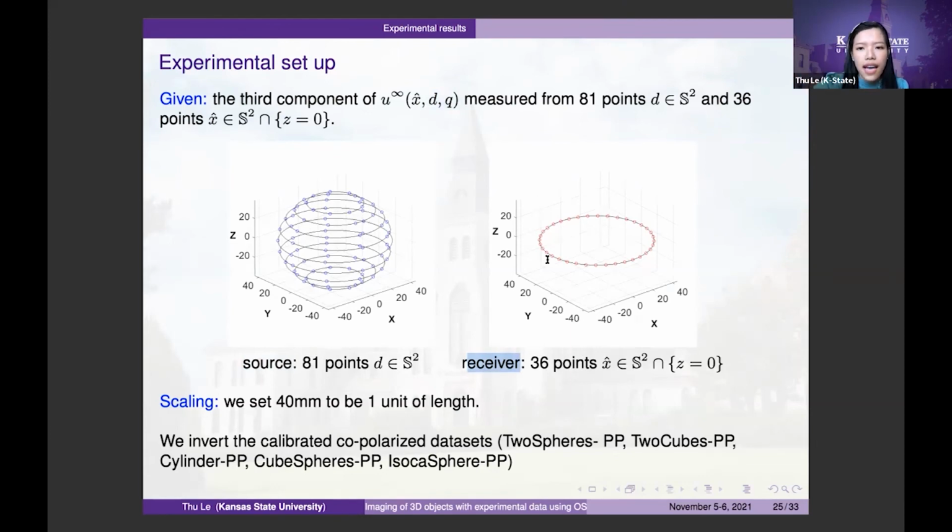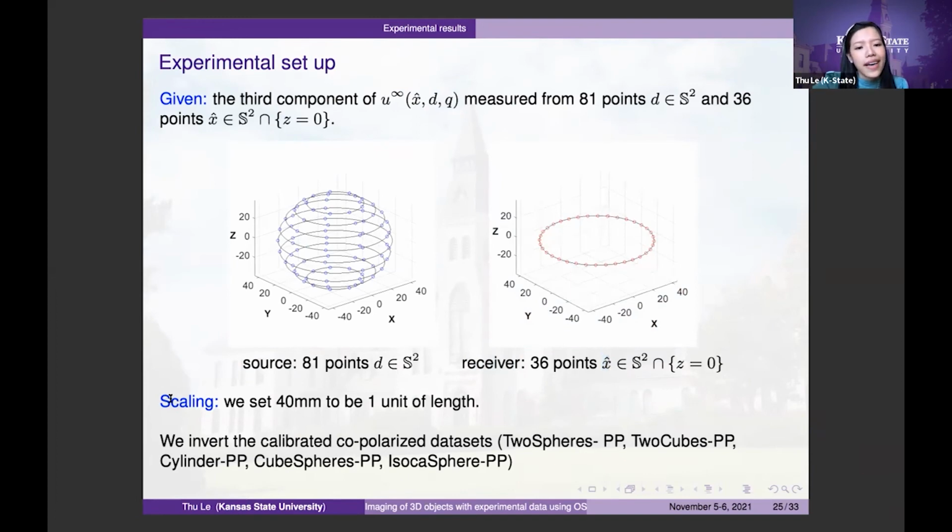So you can see that the real data is very limited in that sense, right? Third component of the pattern and only 36 points on a disk, whereas in the theory we assume that we know x hat all over the unit sphere.